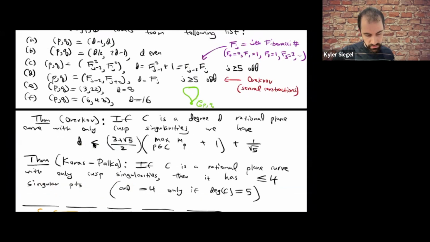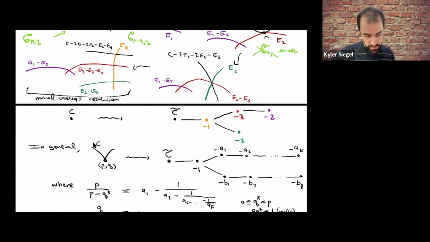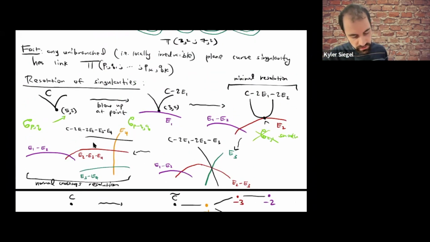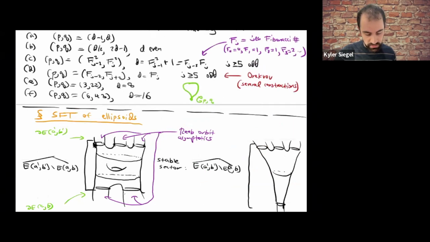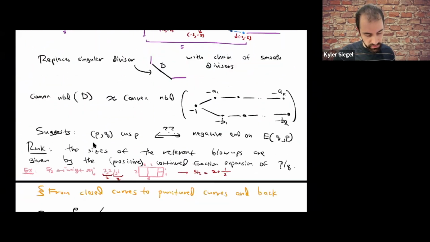In my picture over here, the weight sequence is basically the coefficients that occur. In this case, it would be 2, 2, 1, 1. These are given by basically, you start out with (p,q), and then you get (p minus q, q), and then you keep going until you get something smooth, and then you keep going until you get a normal crossing resolution.